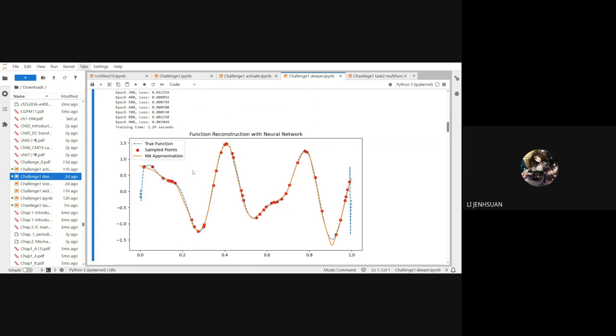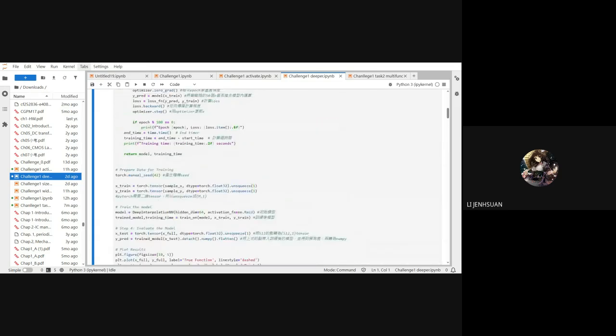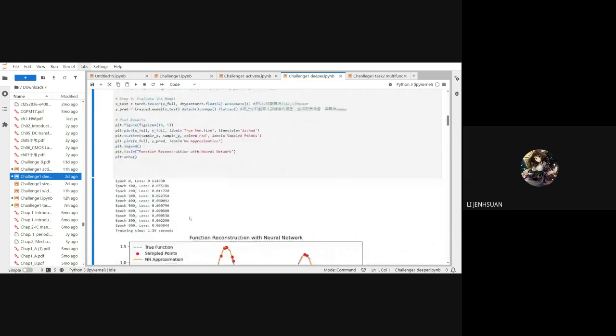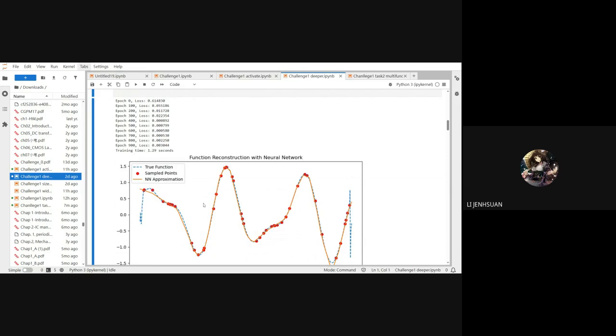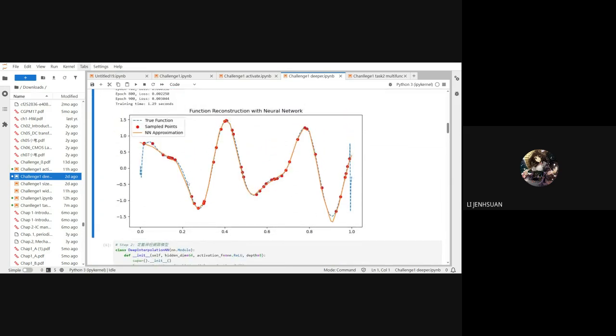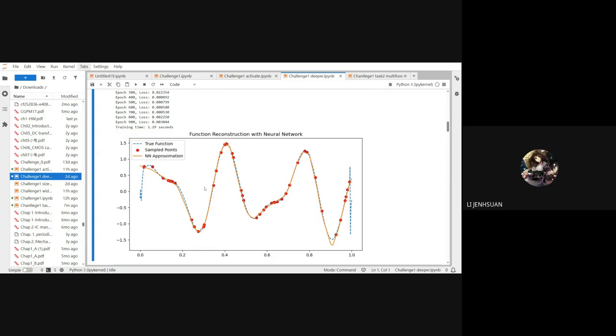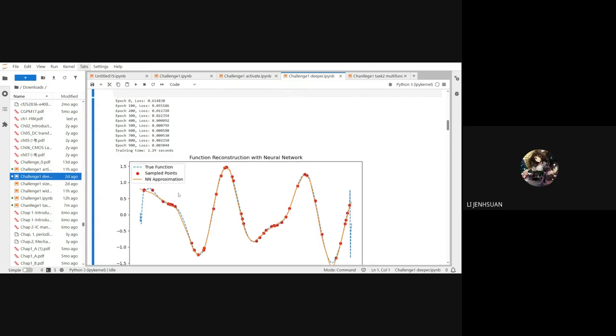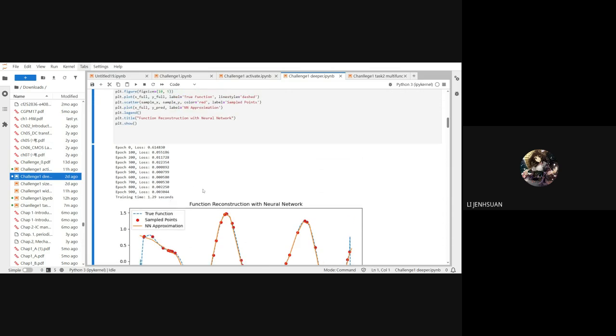This true function is the ground truth function, because we use the interpolation method to make the function a true function. So if we make the hidden layer deeper, it is expected to have a lower loss, right?